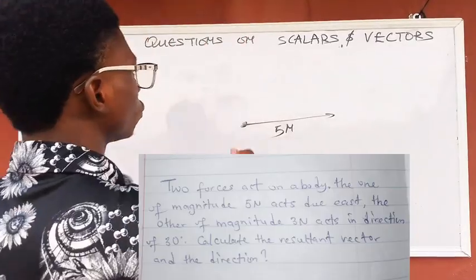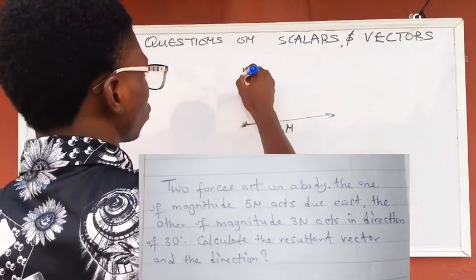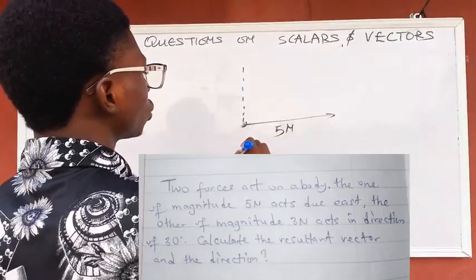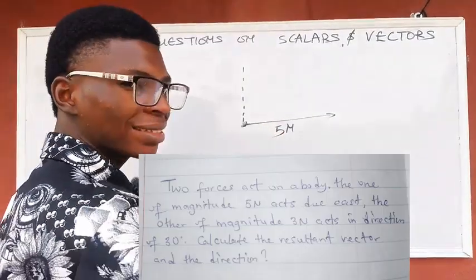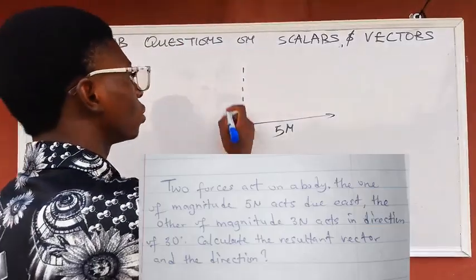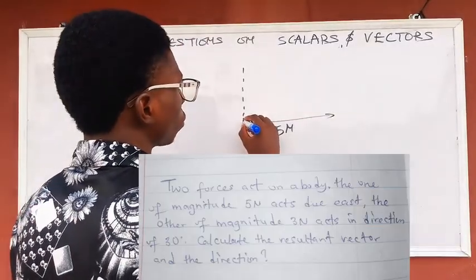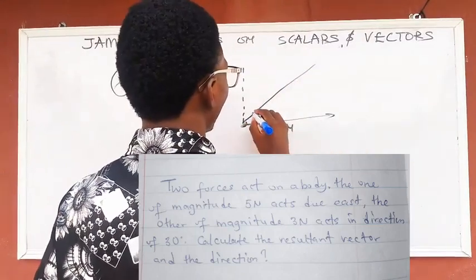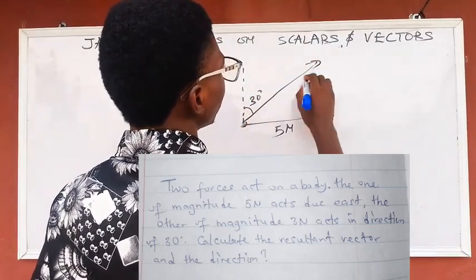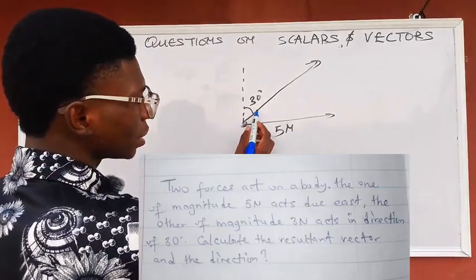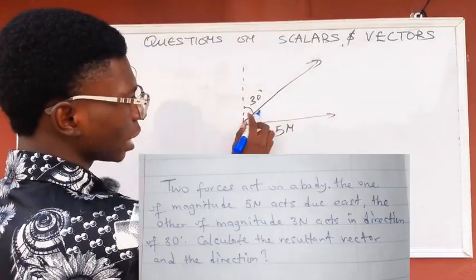This is north, right? So the second force is at an angle of 30 degrees to the north.